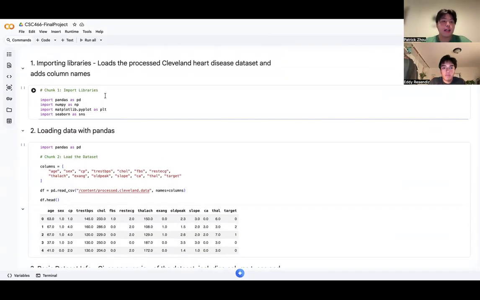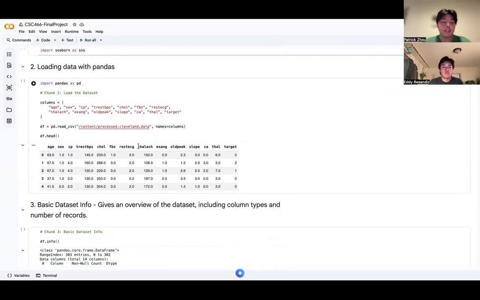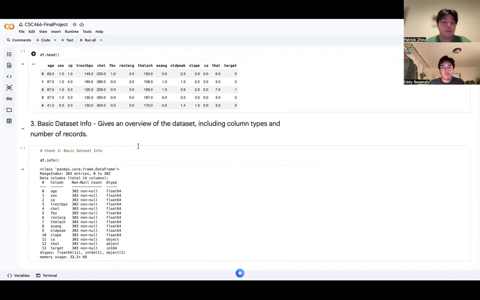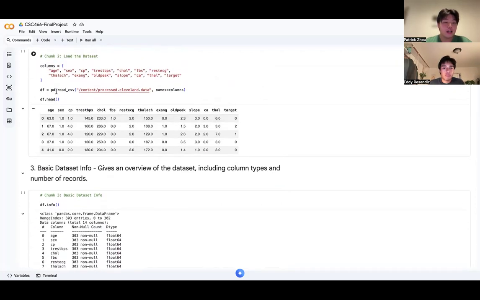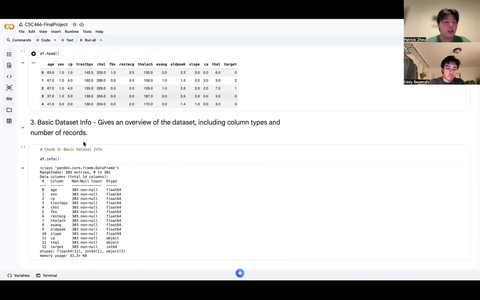So we begin by importing our libraries. We use pandas, NumPy, Matplotlib, and Seaborn. And here in this section, we're loading in our data with pandas. df.head prints out our first five rows.